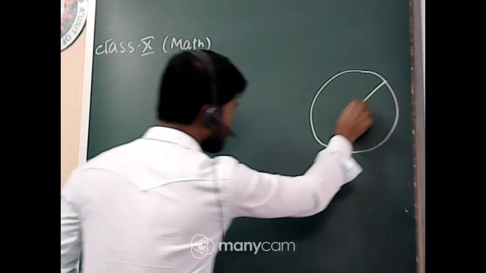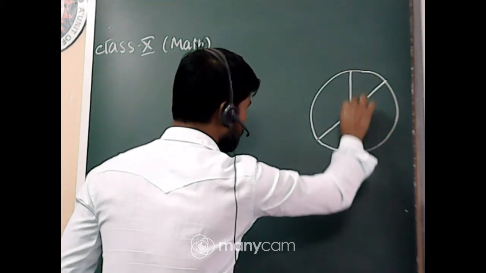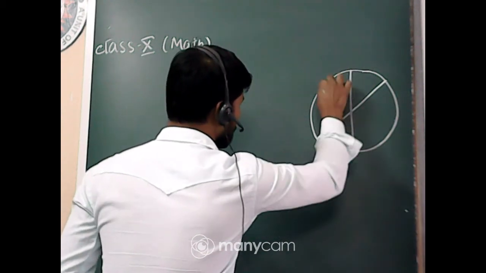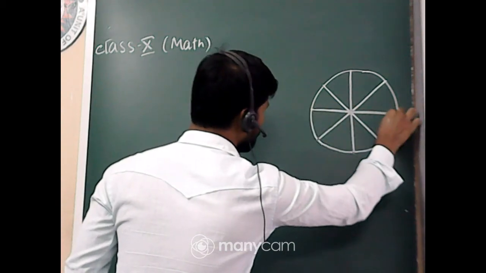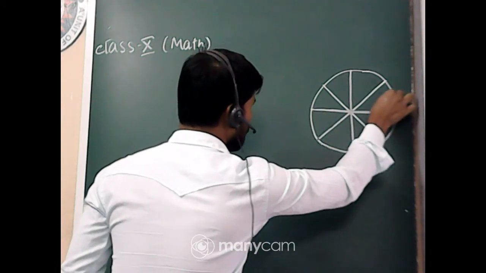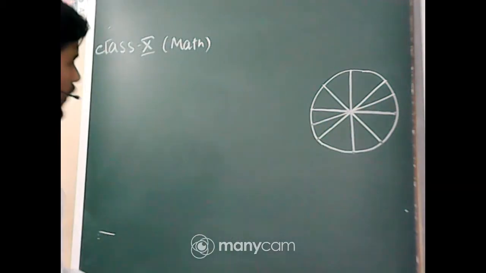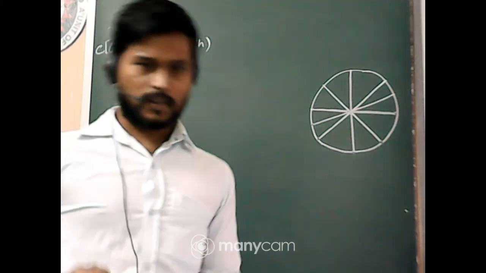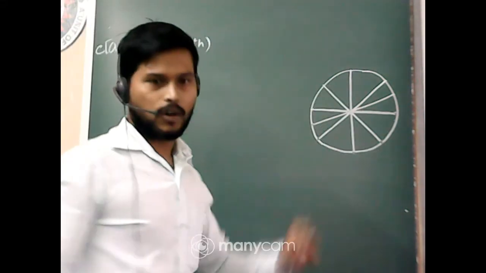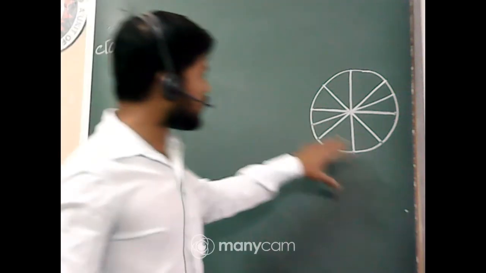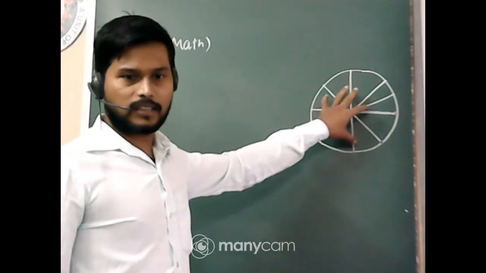This is the first one, second, third, fourth, and fifth diameter. According to my diagram they are not equal, but assume that all the parts are equal. We have to find out the total wire required to make this brooch.